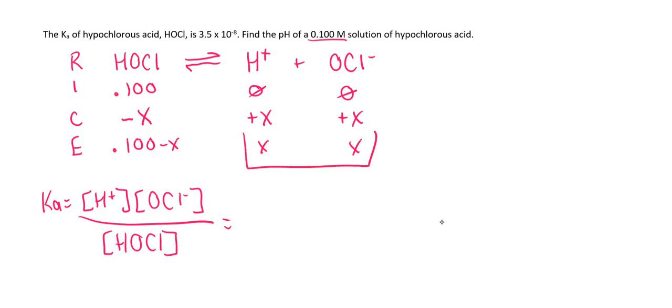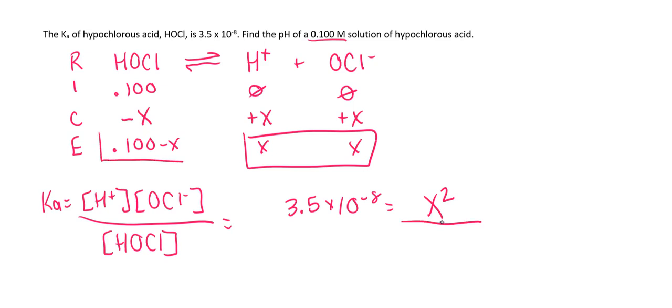So both of my products are X. So Ka is going to be equal to X squared, multiplying our two products together, over 0.100. And again, I'm going to assume that X is negligible.